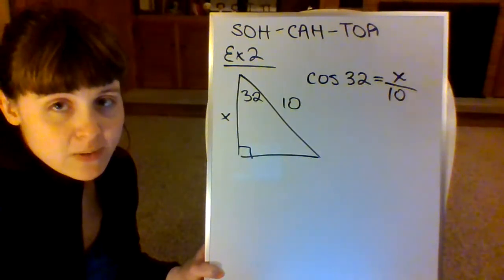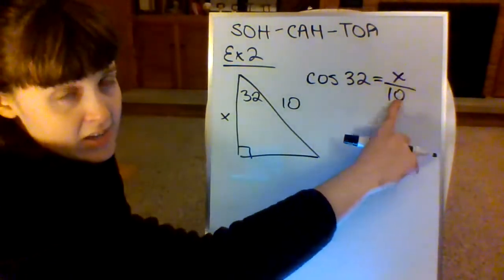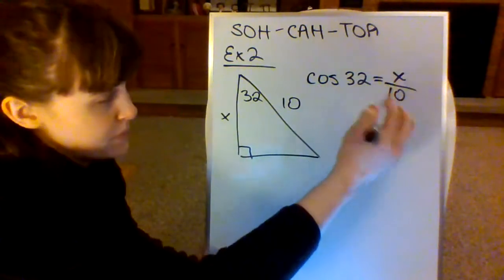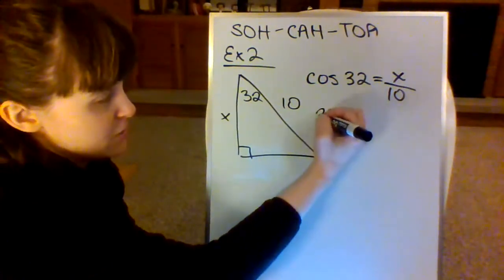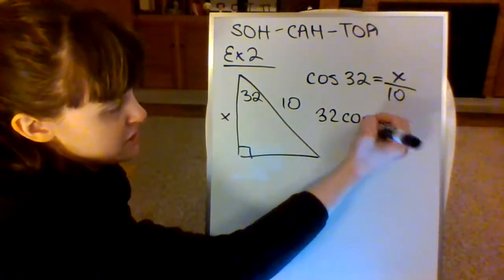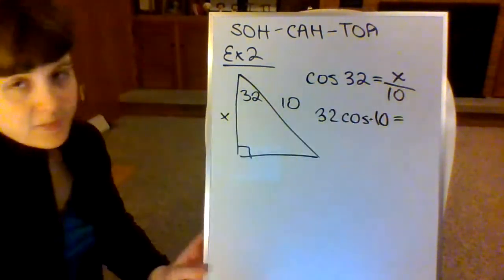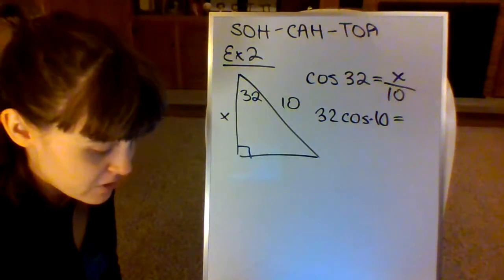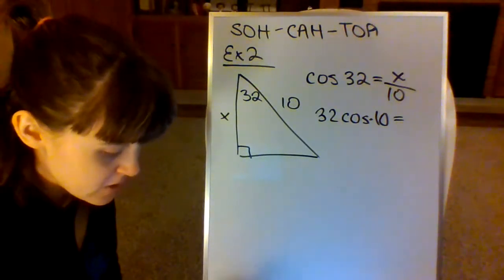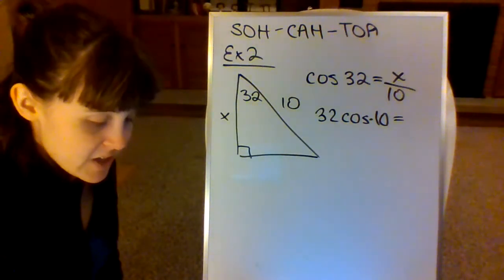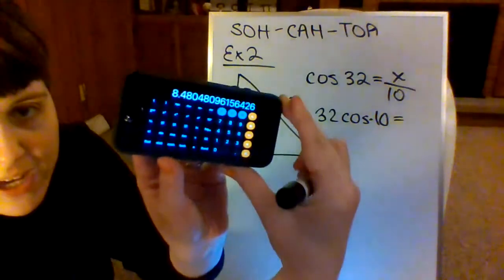Now to solve that, we're going to have to multiply 10 and cosine 32. So we're going to get your phone calculator ready here. So on your phone calculator, we're going to do 32 cosine times 10. And if you round it to the nearest tenth, it should be 8.5.